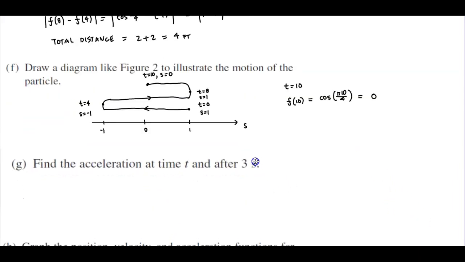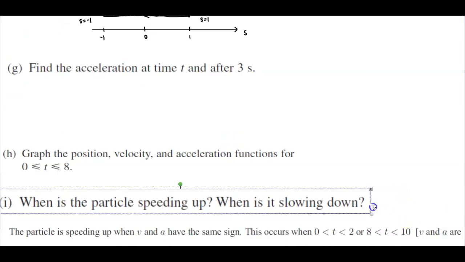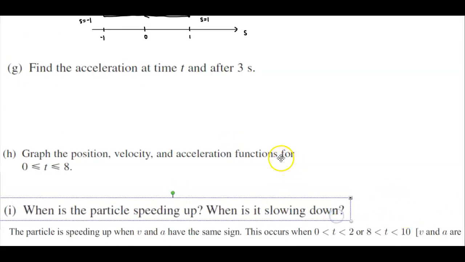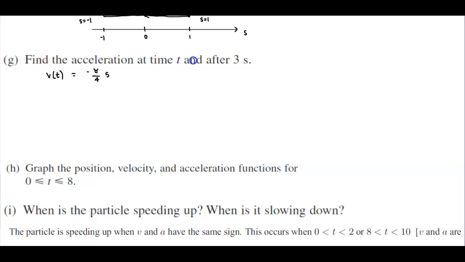Now we want to find the acceleration at time t and after 3 seconds. So we know that our velocity function was equal to -pi/4 times the sine of pi t over 4.